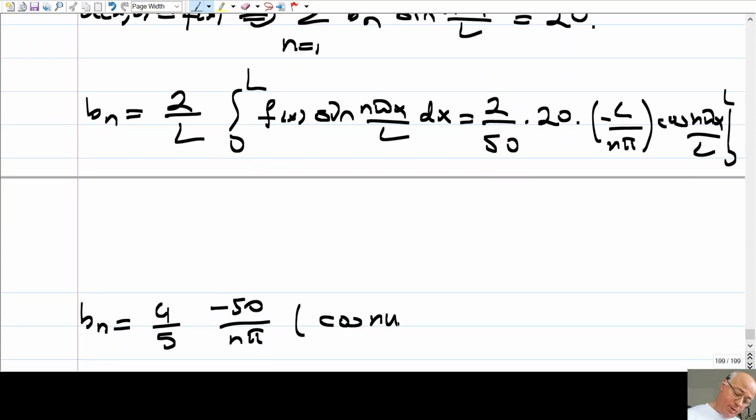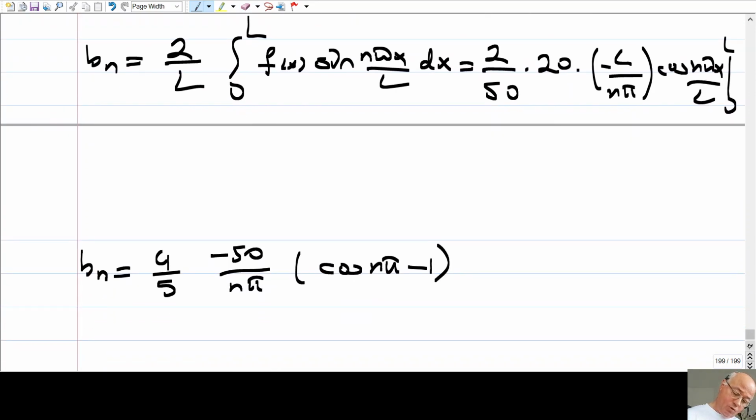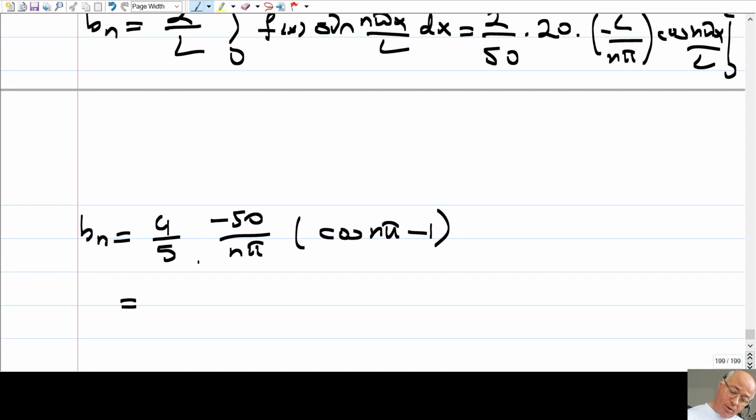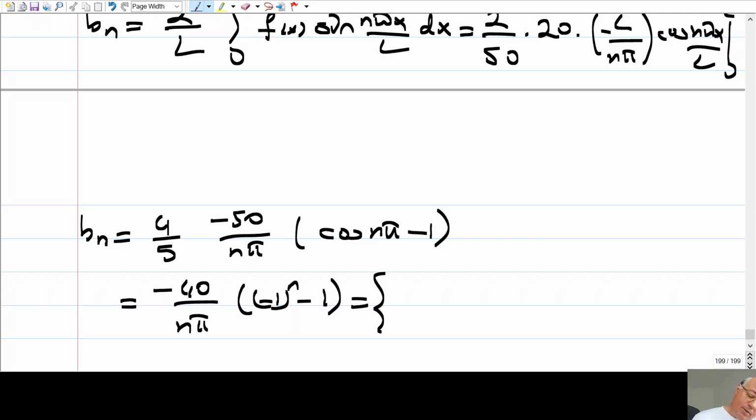Kosinüs n pi eksi 1 as usual. Dolayısıyla burası eksi 40 bölü n pi, eksi 1 üzeri n eksi 1. Yani n evensa 0, oddsa da 80 bölü n pi.